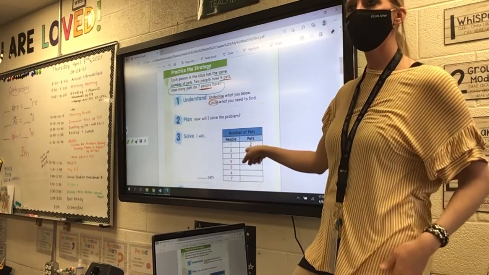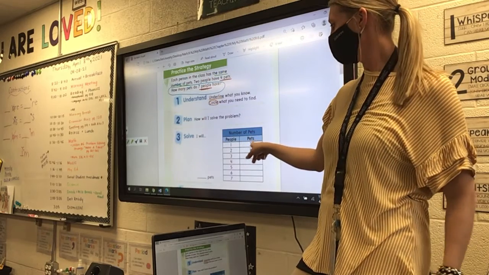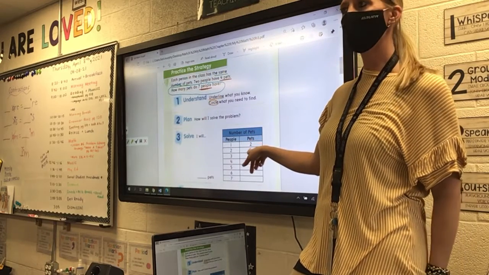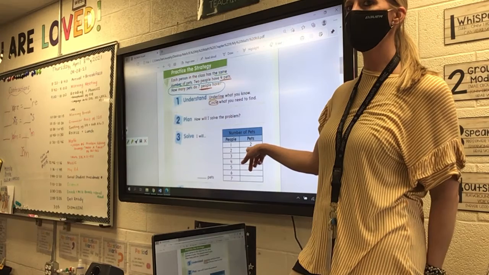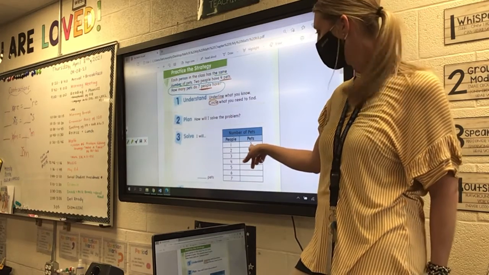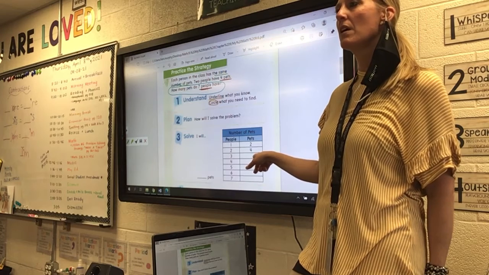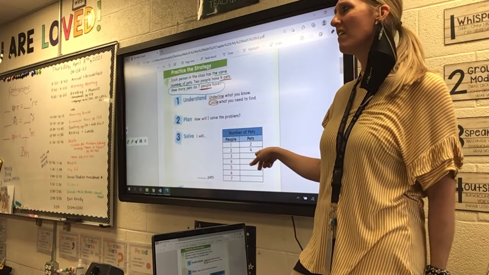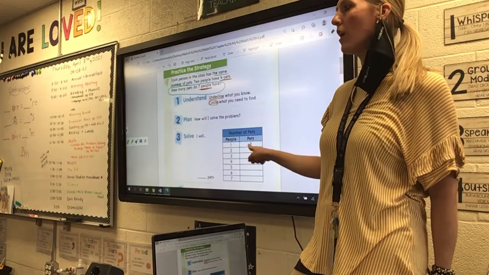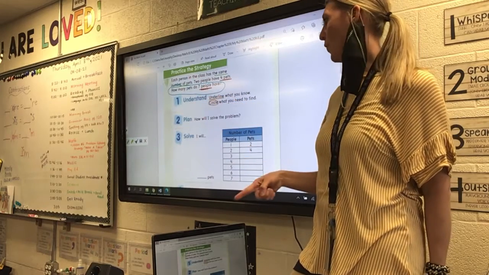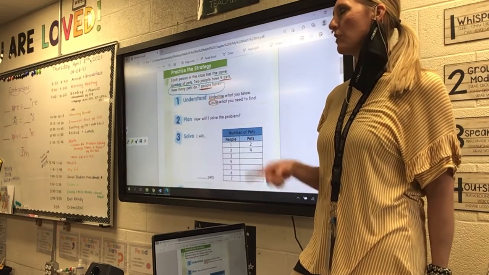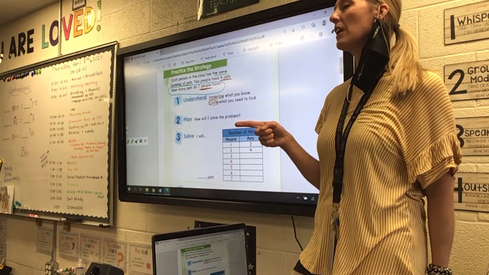Now, how are we going to figure this chart out? The first person has 2, and then the second person has 2 more. So 2 plus 2 is what, Louis? 4. Who can figure out the next one? Raise your hand if you can. 2, 4. Lily? 8. No. You're close.